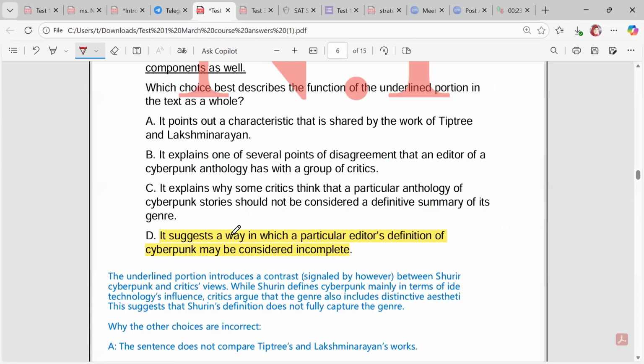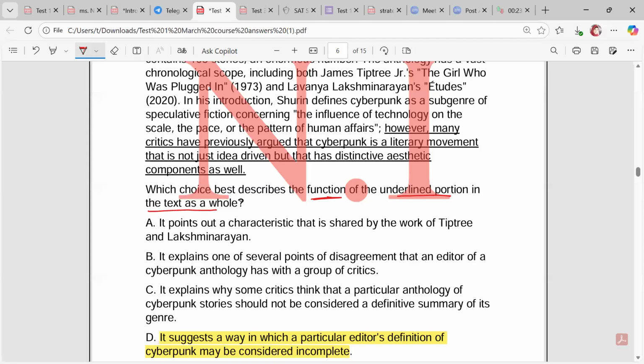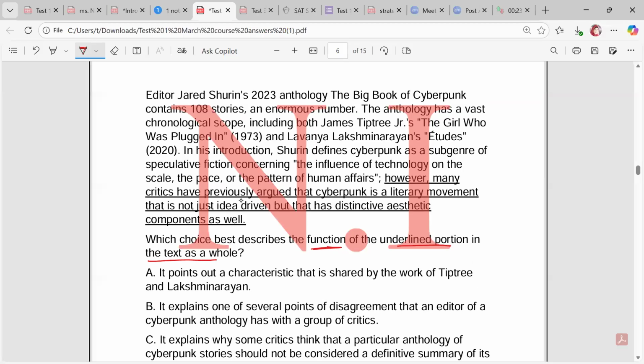Okay, let's go for this one. Which choice best describes the function of the underlined portion in the text as a whole? When we're dealing with this type of question, the most important thing that can grab your attention is the presence of the word however. However is a transition, and it is a contradiction transition. This means that this part is the opposite of that part. Okay?